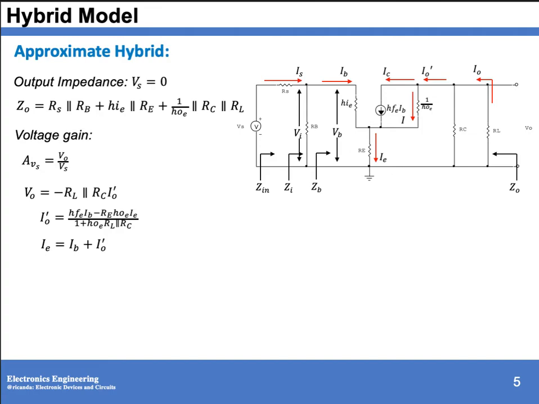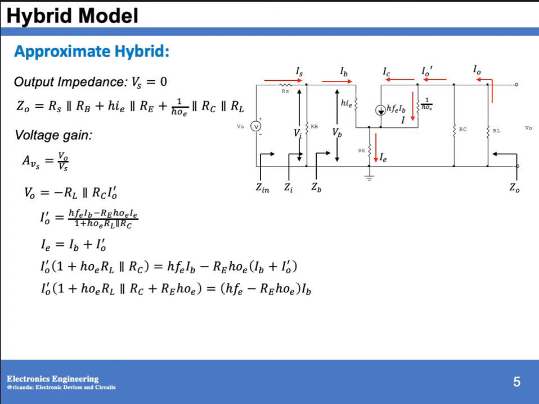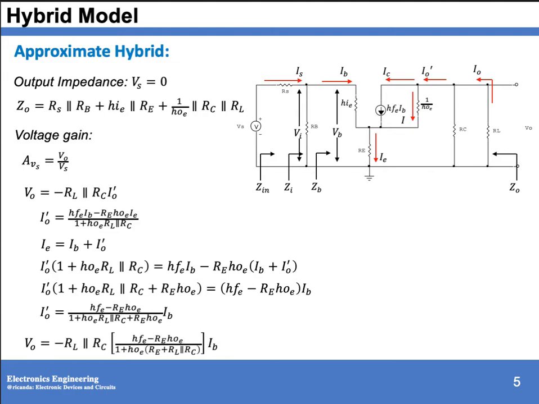You substitute your IE into IO prime and get all IO prime to the left side. So we have this equation of IO prime in terms of IB. We substitute this into our BO equation, which is negative RL in parallel with RC times IO prime. So our BO is now in terms of IB.